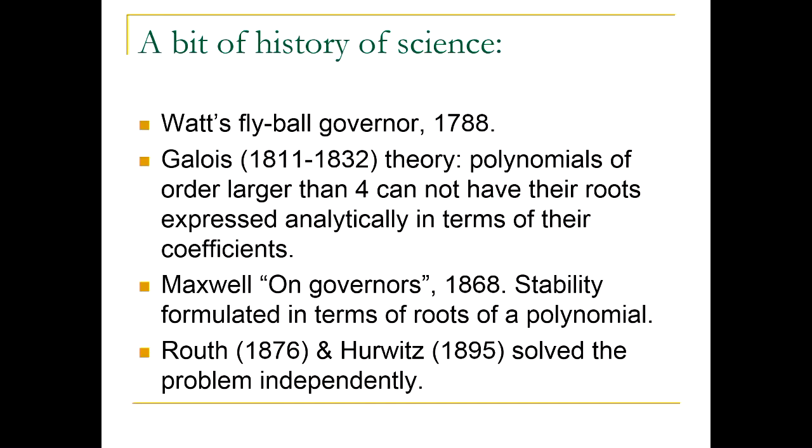So then there was actually an award, I think it's called the Adams Prize. The Mathematical Society of Great Britain, England, at that time, would give problems to the scientific community, and Routh basically won the Adams Prize for solving this problem. Hurwitz solved it independently of Routh. That's why it's called Routh-Hurwitz.